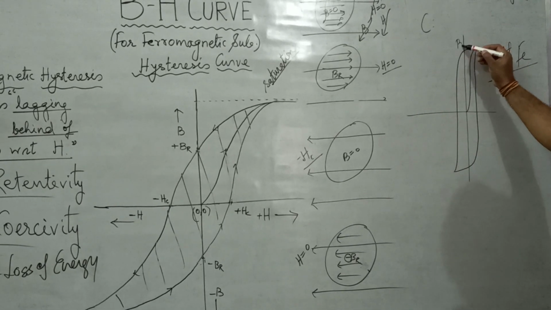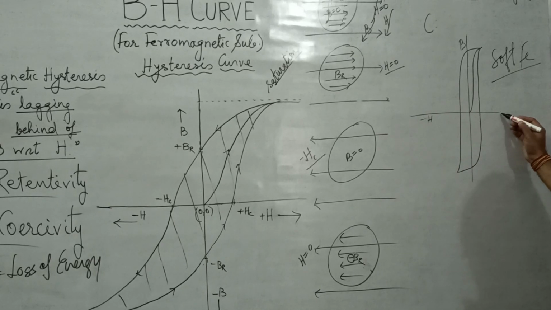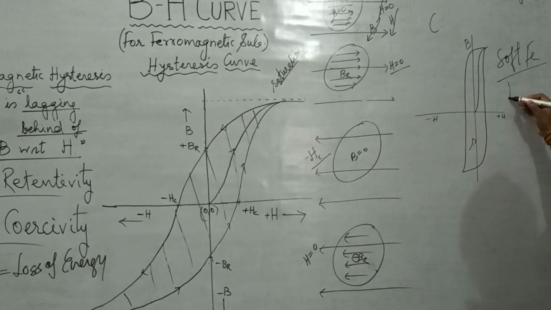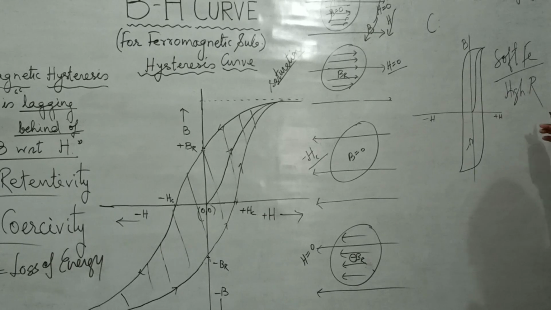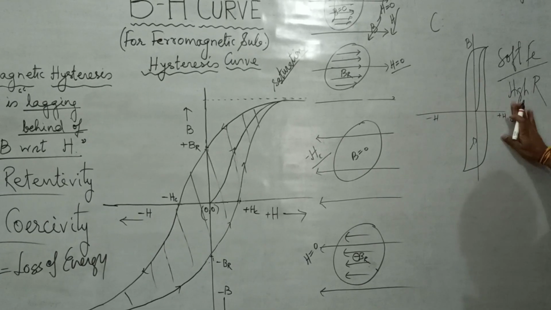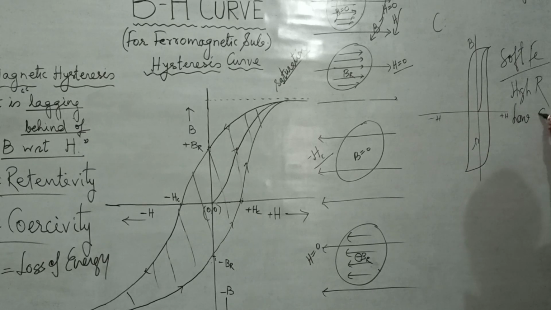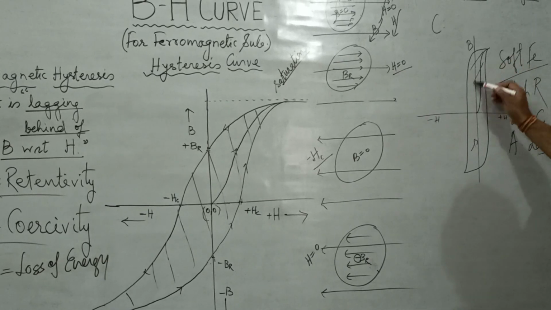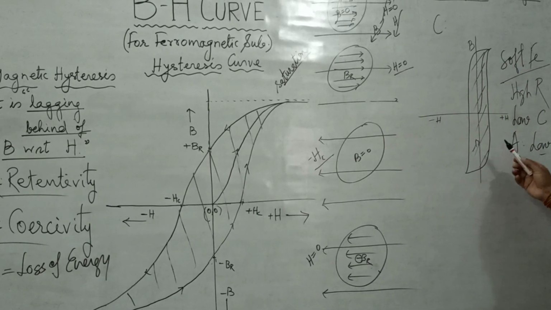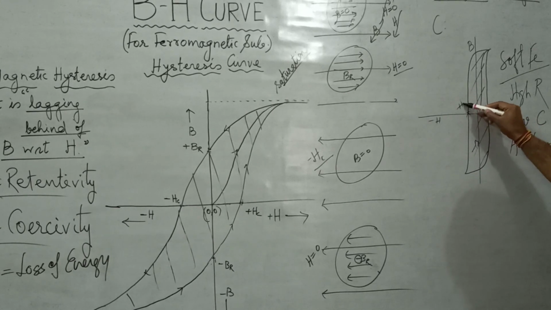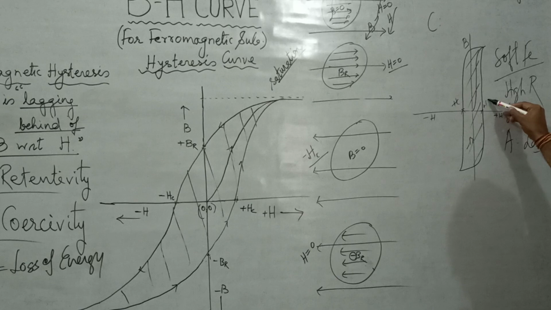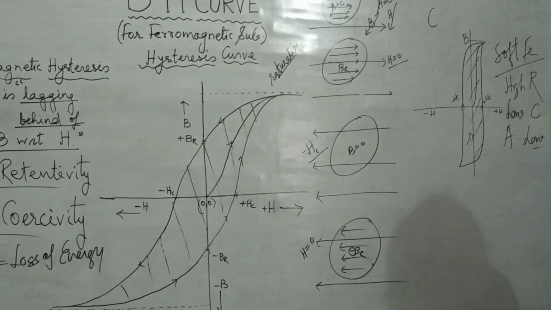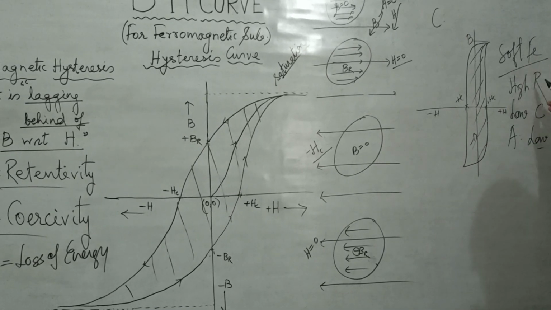What is important is the fact that it has a high value of retentivity. Its coercivity is very low, and the area enclosed within the BH curve is low. So this is the area enclosed, which is low. Its coercive field, minus Hc and plus Hc, is also very small, and the retentivity of course is high.